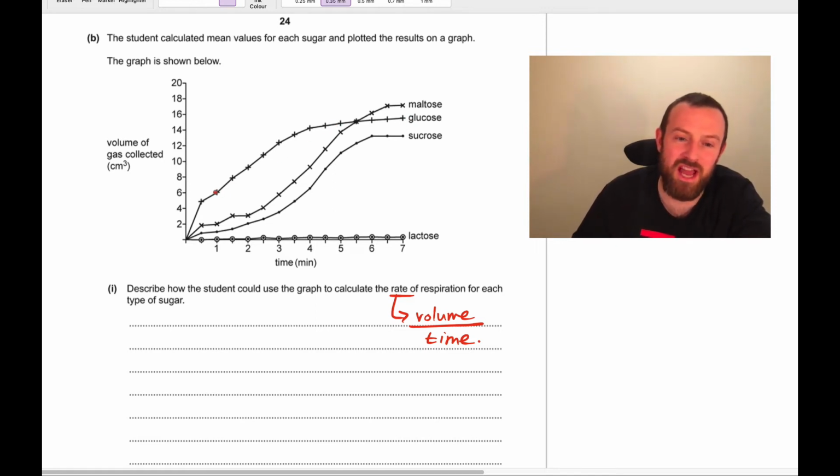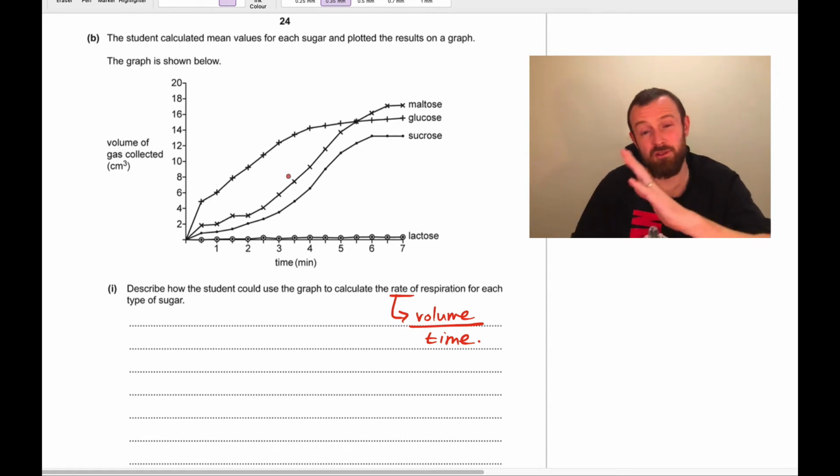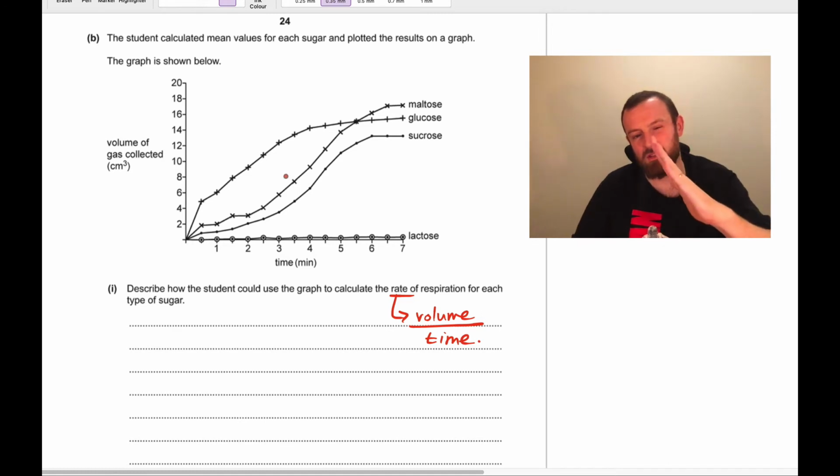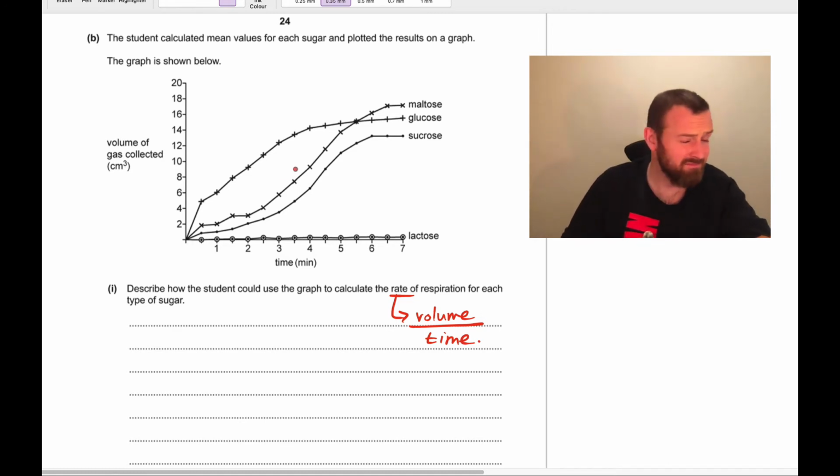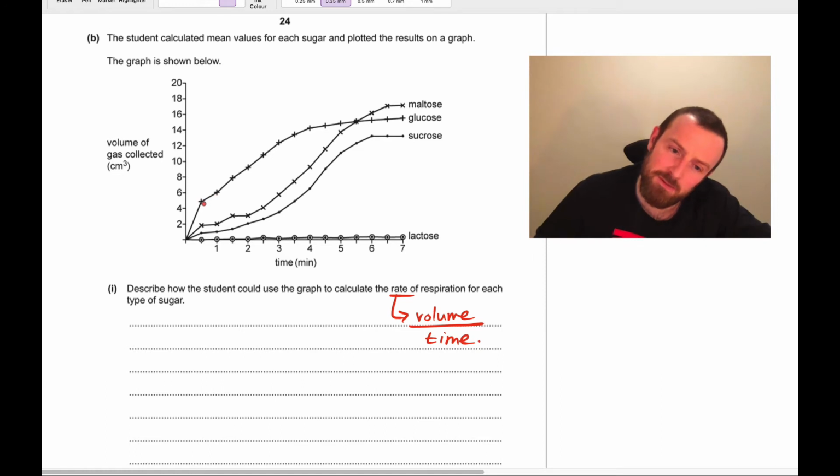So I would suggest that we would probably draw tangents on these graphs around about when the sugar seems to be being respired with a bit of consistency, should we say? So I would say at this point we draw a tangent there. And at this one here we draw a tangent sort of there. And this one here, maybe we draw a tangent kind of there, I guess.